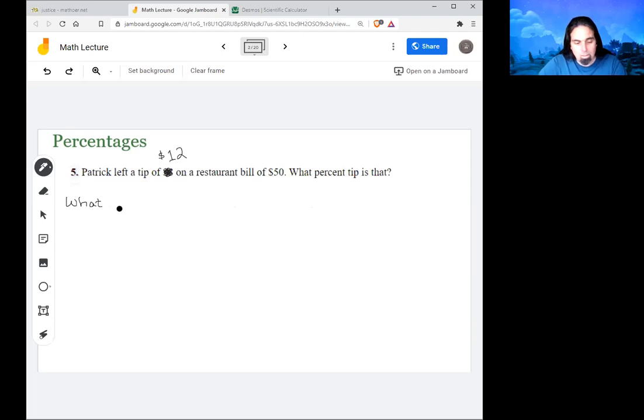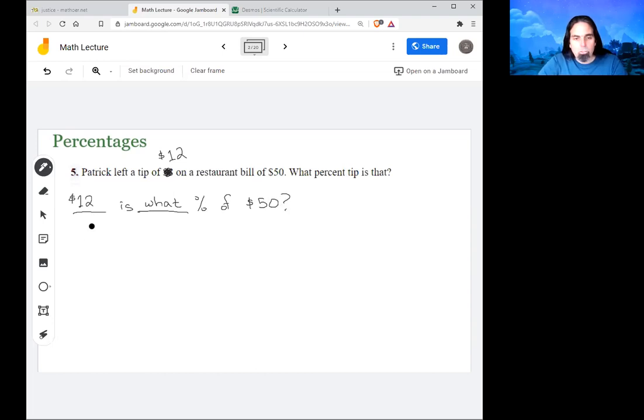So yeah, $12. I shouldn't have put what first, it's not always. So $12 is what percent? Sorry to be obtuse there, okay.